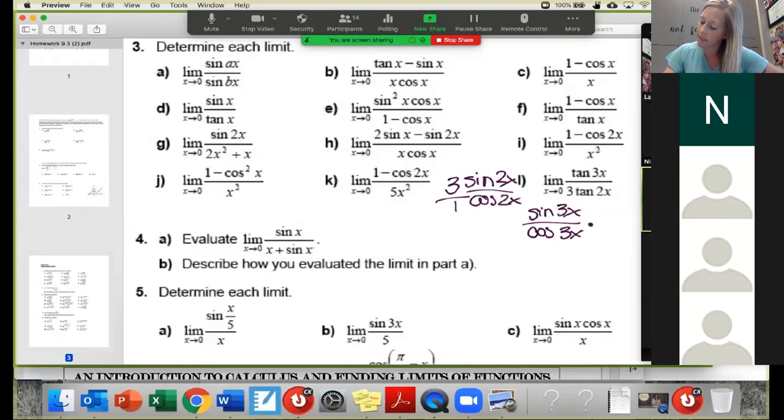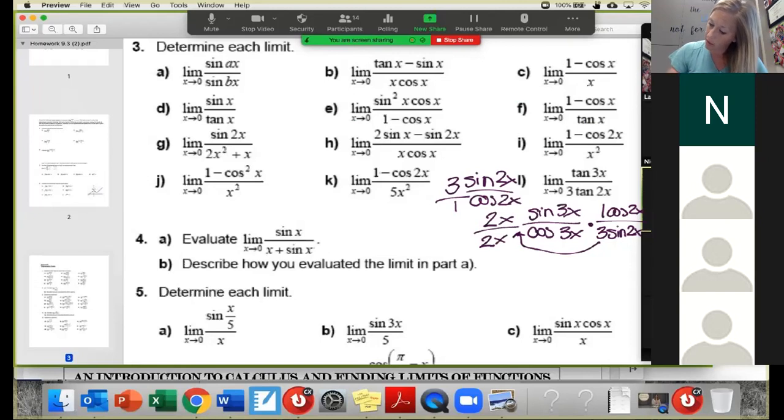Flip and multiply. That's going to be 1 cosine 2x over 3 sine 2x. What did I do on this one? I think I multiplied then by, there's already a 3 under that sine. I think I multiplied by 2x top and bottom. Let's see if that does it.